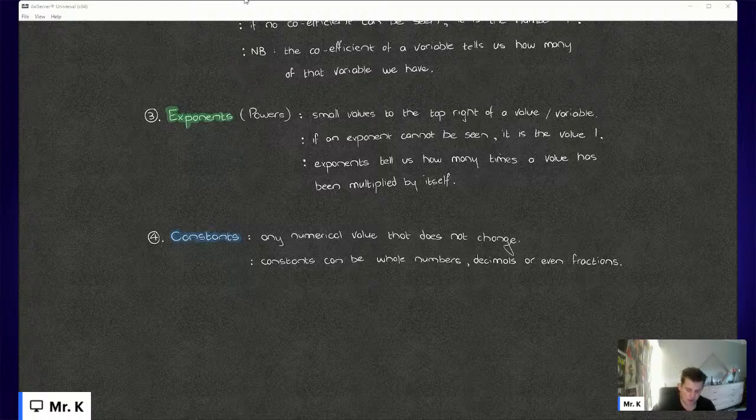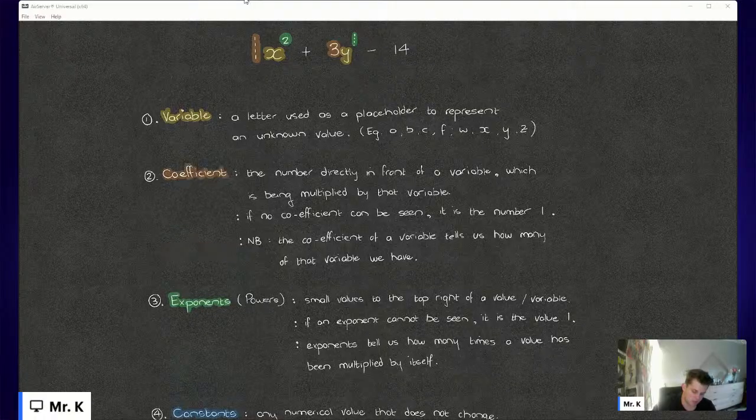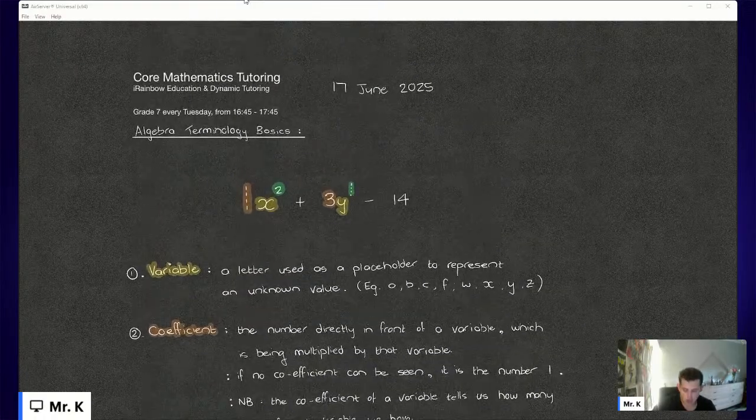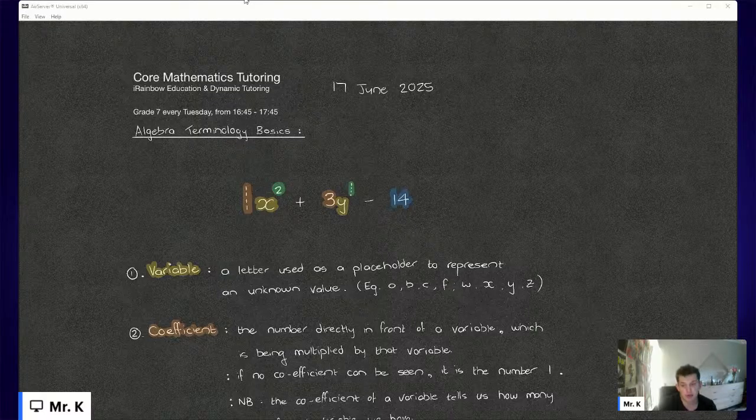So again, if we go back up to the top over here, where would we find an example of a constant? Well, our constant is going to be the value 14 over here at the end. Why? Because it's a whole number, guys, and it doesn't matter what I do. 14 is always going to be 14.